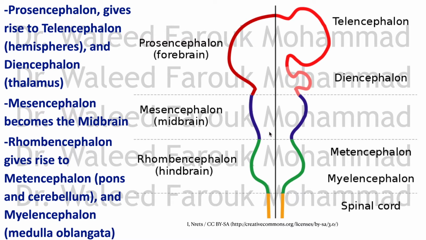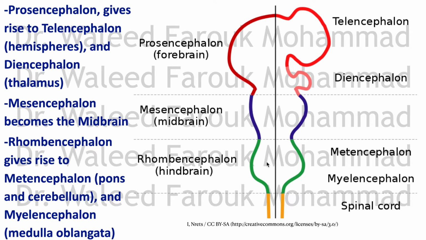The middle swelling is called the mesencephalon, which is the middle brain or midbrain. It will develop into the known midbrain of the brainstem. The rhombencephalon is the back brain, the posterior brain or the hind brain. It will give rise to the metencephalon and myelencephalon. Now, the myelencephalon is the medulla oblongata, but the metencephalon is the pons and the cerebellum.